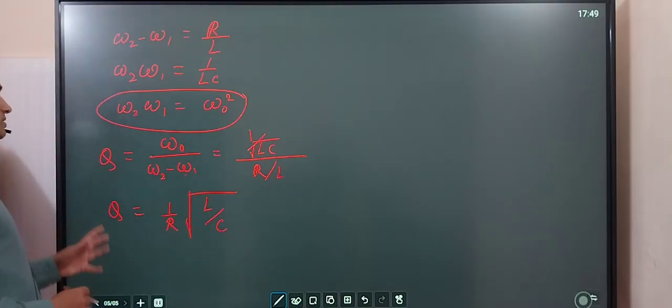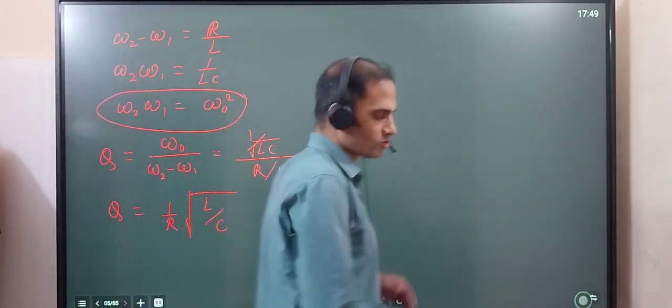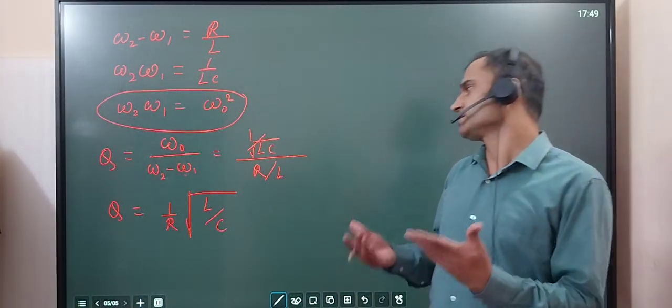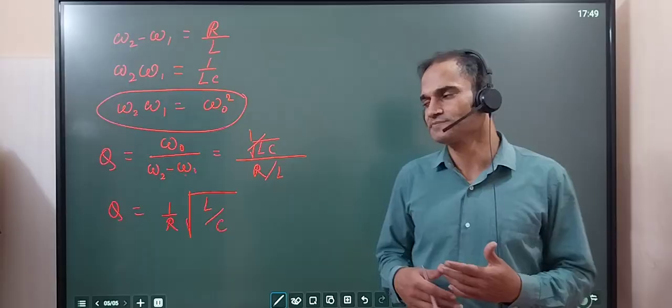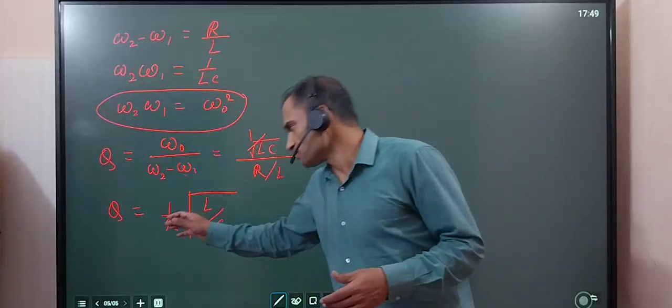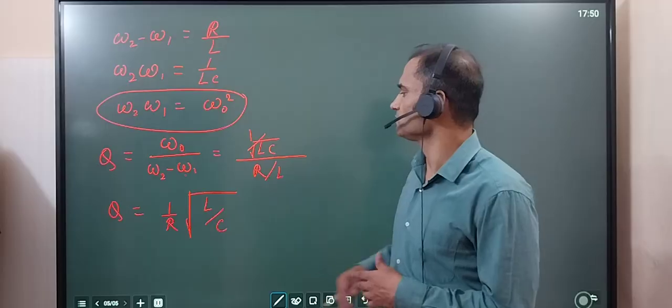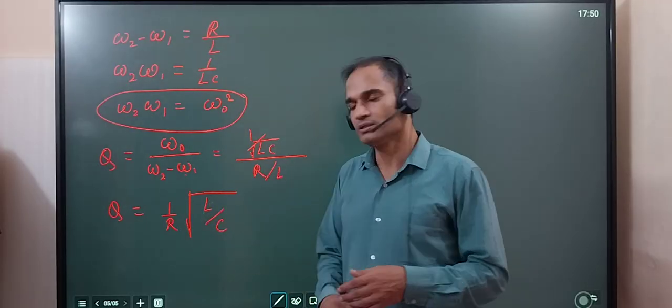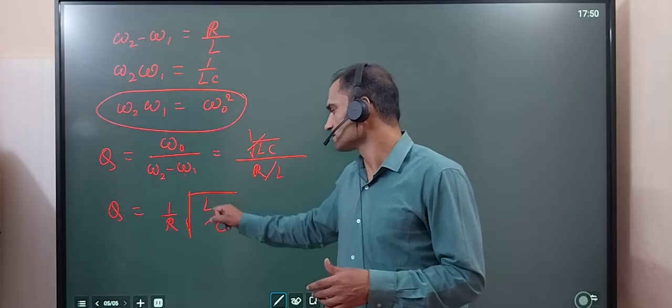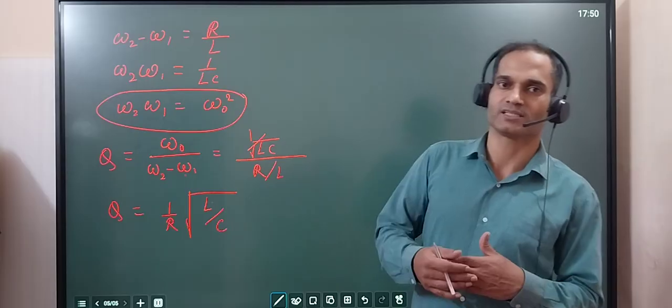Okay, so this is our quality factor. So basically, to have a good quality factor, we need a smaller resistance, high inductance and low capacitance in a circuit.